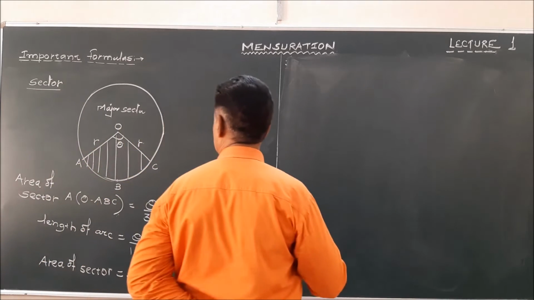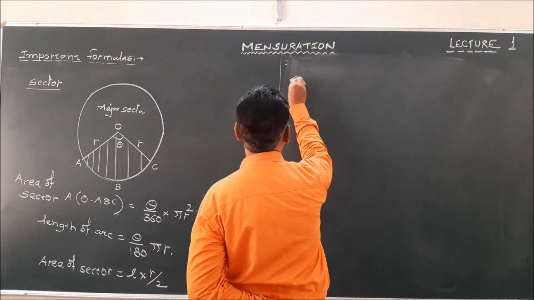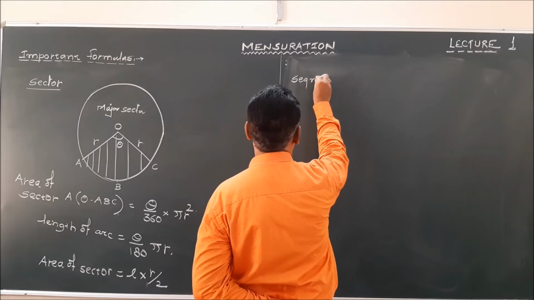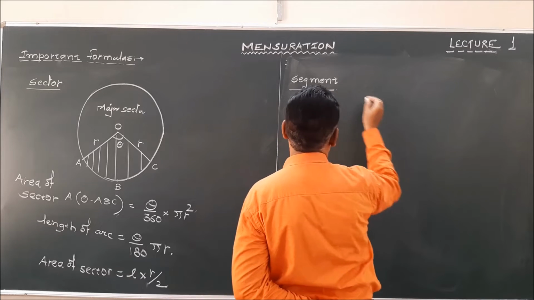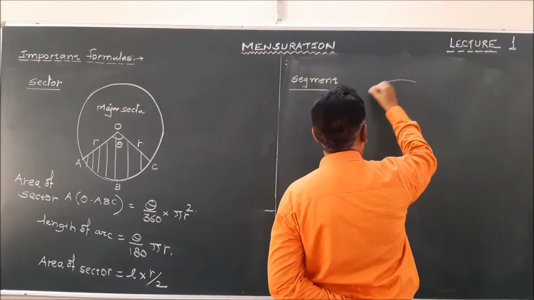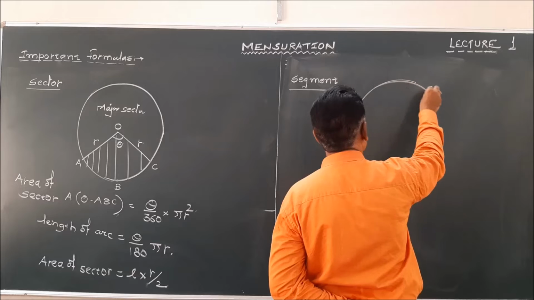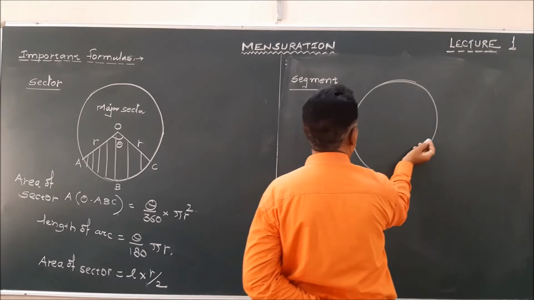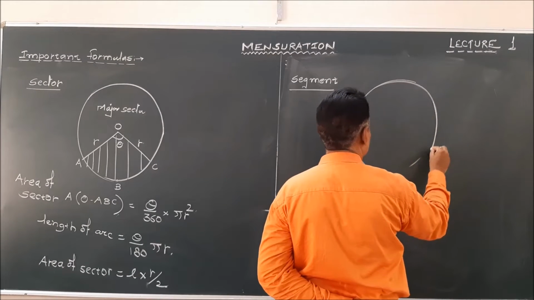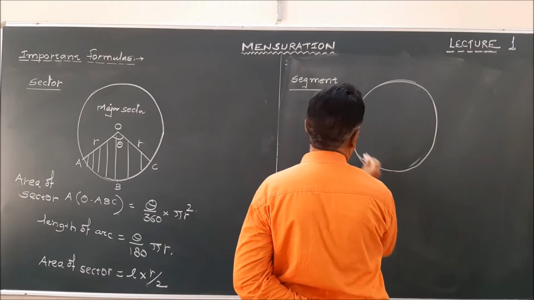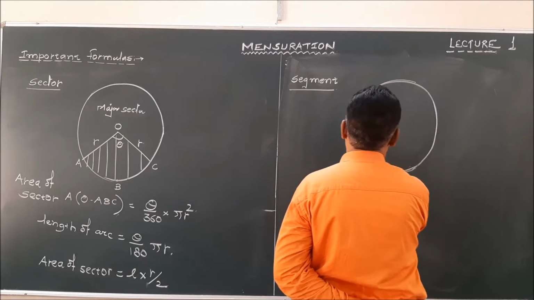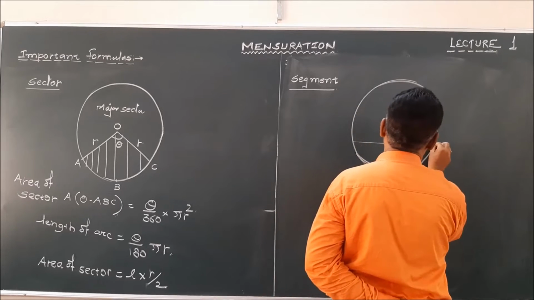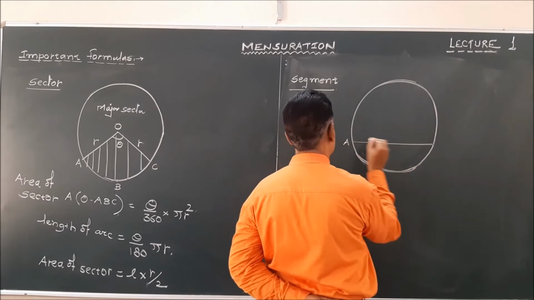The next term is very important, that is called as segment. Segment is always formed by chord of a circle. Supposing if I take this as a chord, AB is a chord.